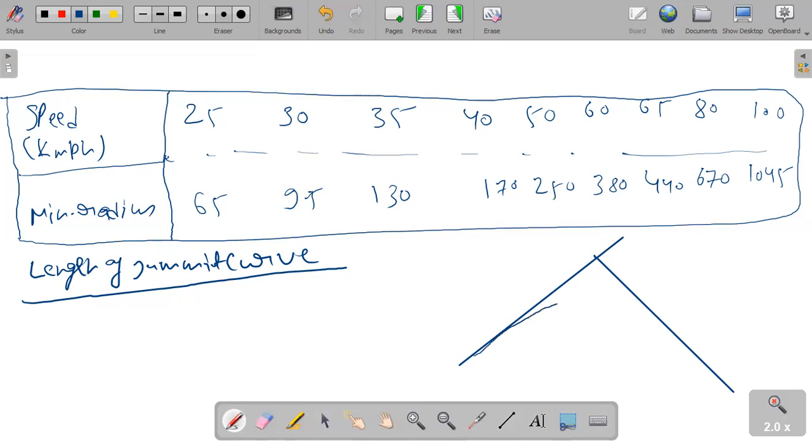Here, this is the deviation angle, n1 plus n2 is equal to n.